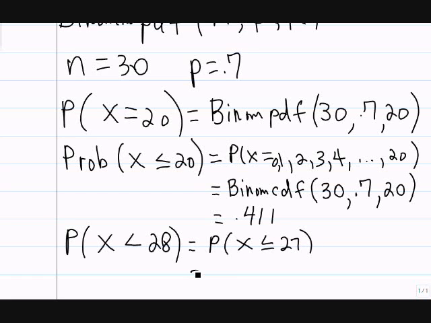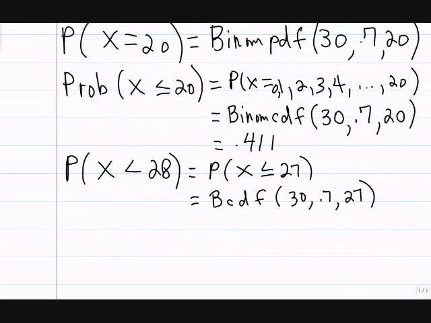So now I'm going to feed into my binomial CDF 30, 0.7, 27. The 30 is the n, the number of trials. The 0.7 is the p, the probability of success.